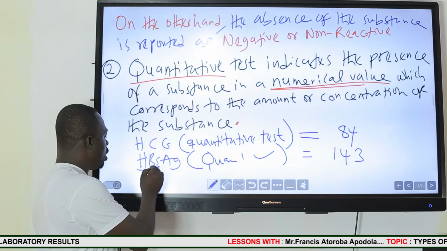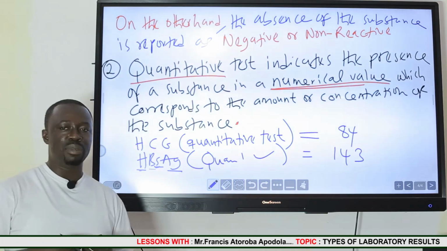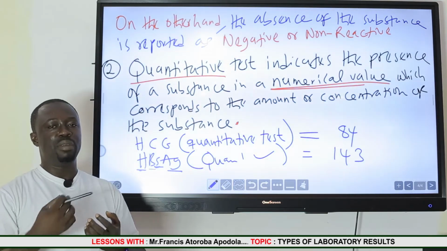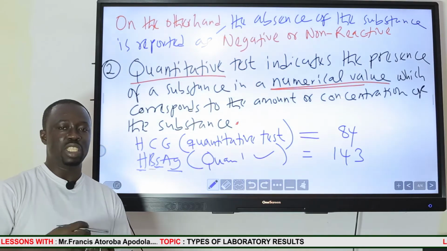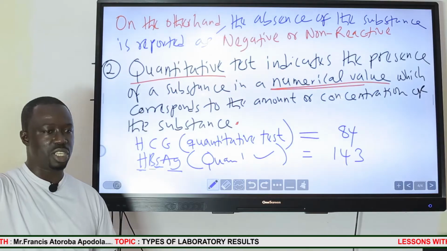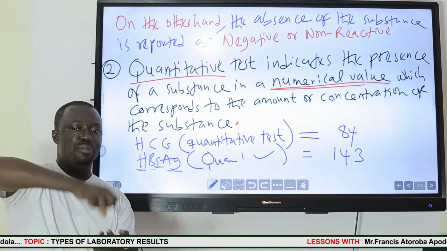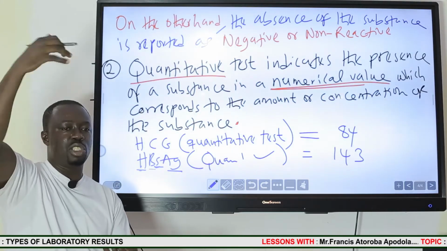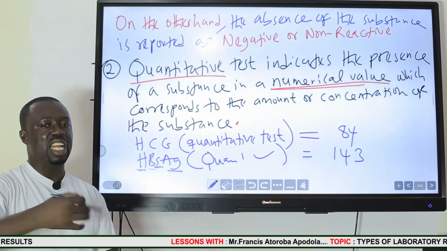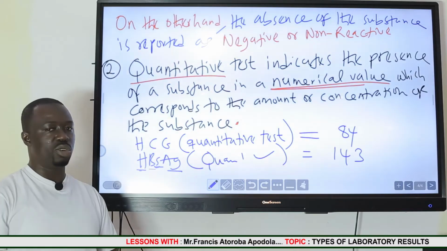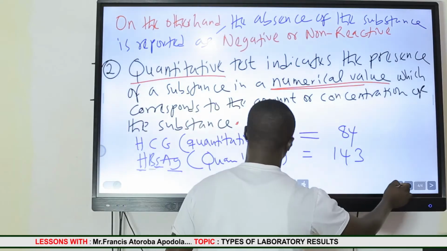When something is present, it might be in minimal concentration or in higher concentration. So when we estimate the amount, the concentration of the substance, that analysis makes the result a quantitative test result.